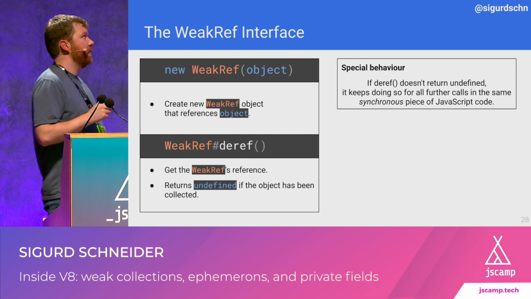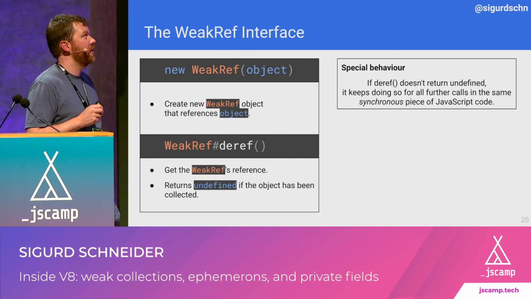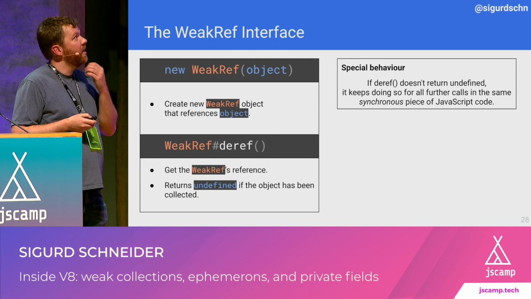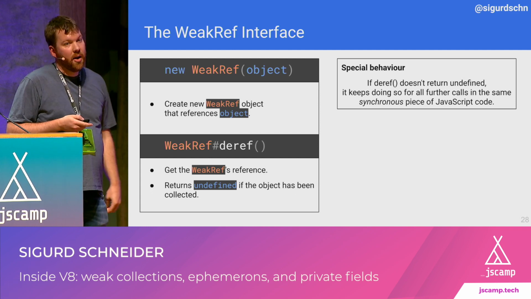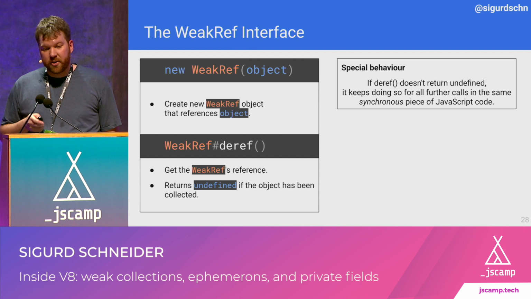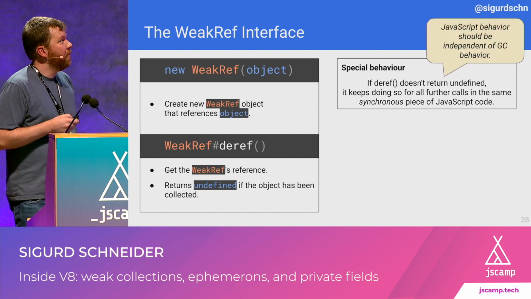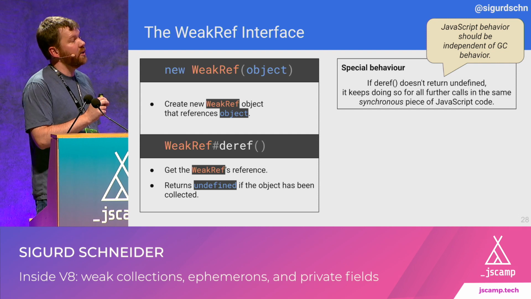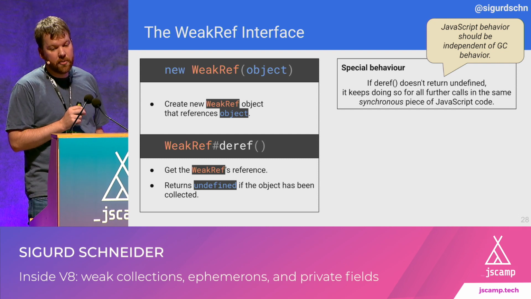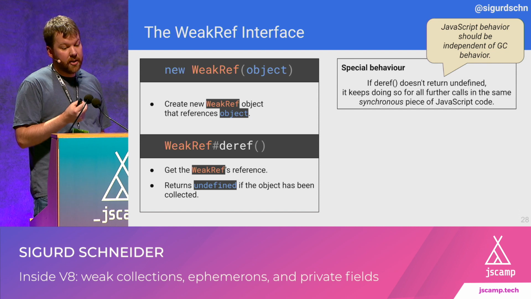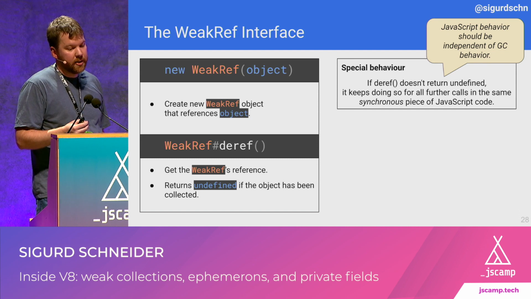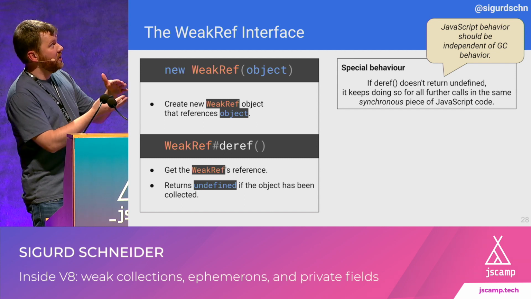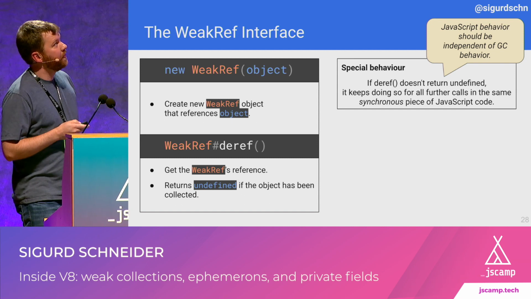And that says that if deref didn't give you undefined, so it gave you the object you stored in, then it will keep doing so until the current synchronous piece of JavaScript code ends. But the motivation to do this was from a semantics perspective. The JavaScript committee didn't want the semantics, whether deref returns undefined or the object you stored in it, to depend on whether a GC occurred in a certain time interval.